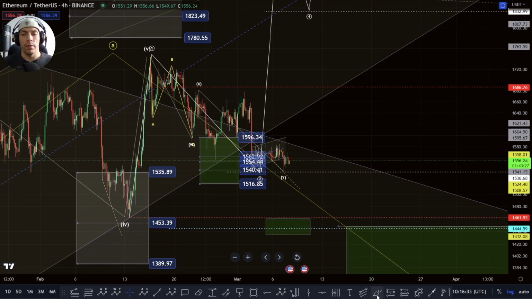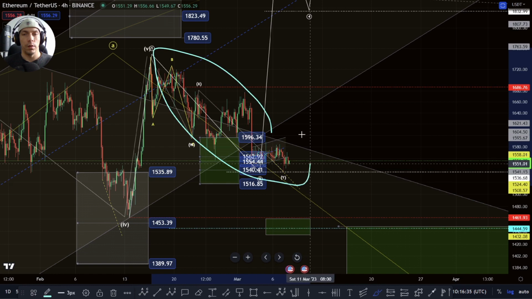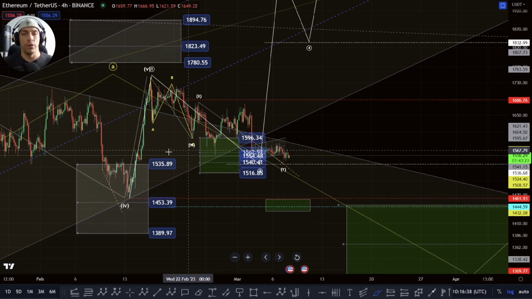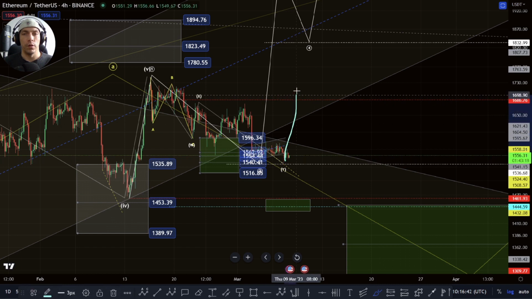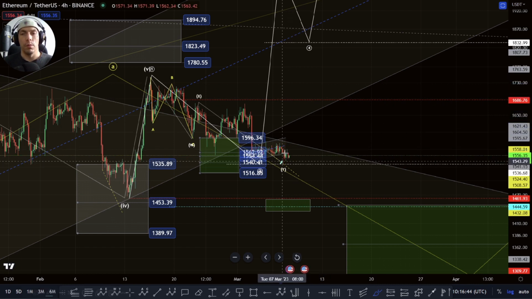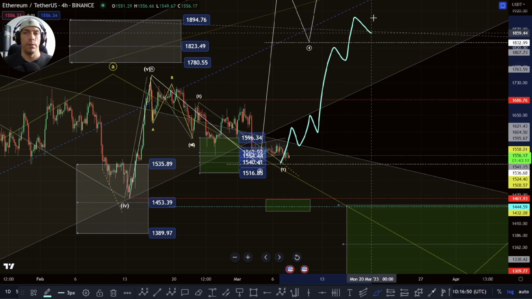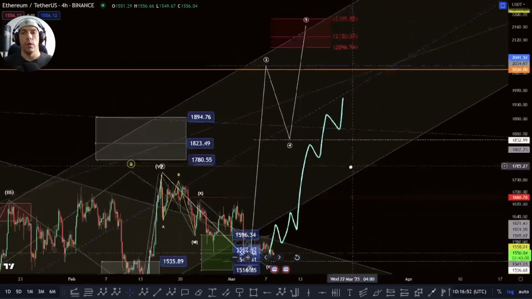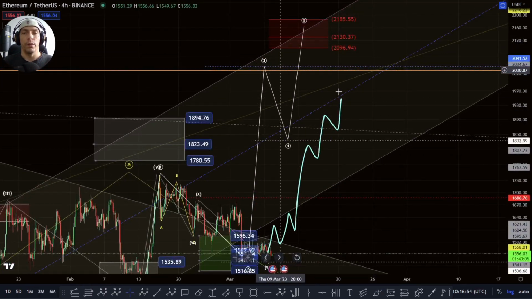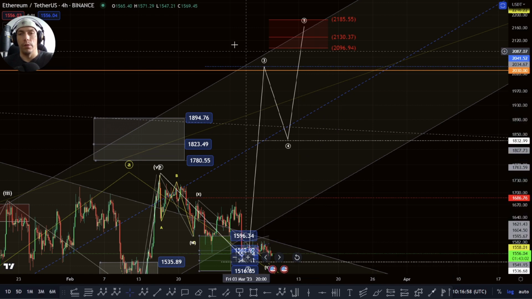The problem I have with this count is this move is getting a bit big now for the structure. So if we are going to be looking at this, I'd want to see an impulse starting to develop to the upside here, where we get something like this, potentially a 1, 2, move to another 1, 2, then we get a 3, 4, 5, 4, 5, which could then look to push us up towards this zone here, this 20,041 for confirmation of this third wave.